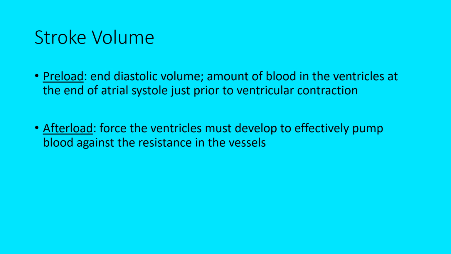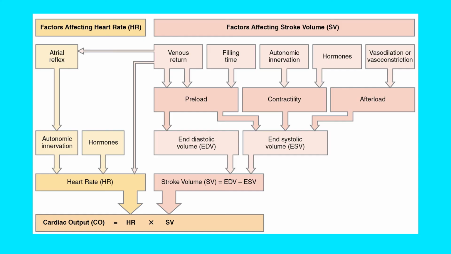Afterload is the force that the ventricles must develop to efficiently pump the blood against the resistance in the vessels, because the vessels are going to have some resistance. So you have all these different factors that can affect the stroke volume, either increasing or decreasing, and factors that affect the heart rate over here in yellow. And once again, all that's going to play a role with the cardiac output.